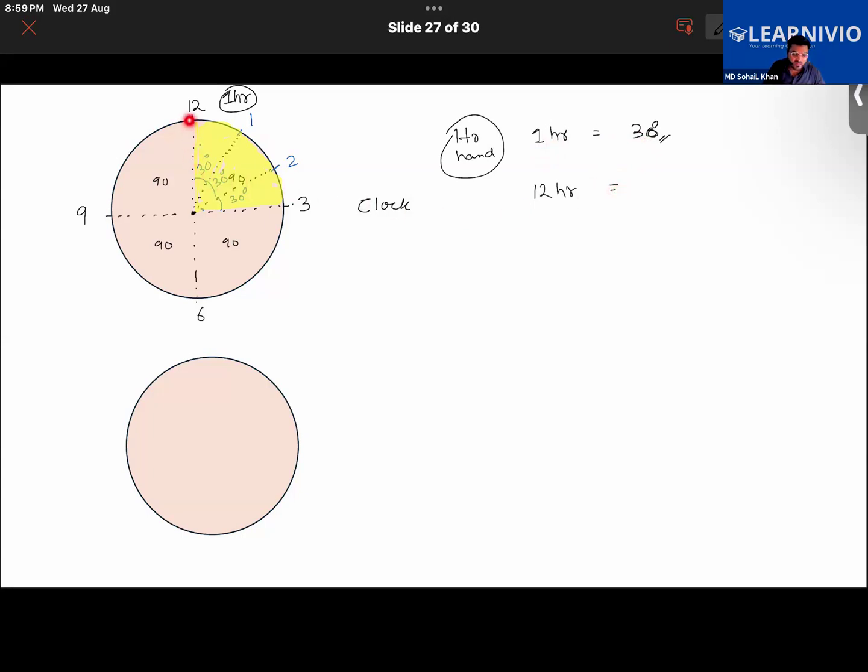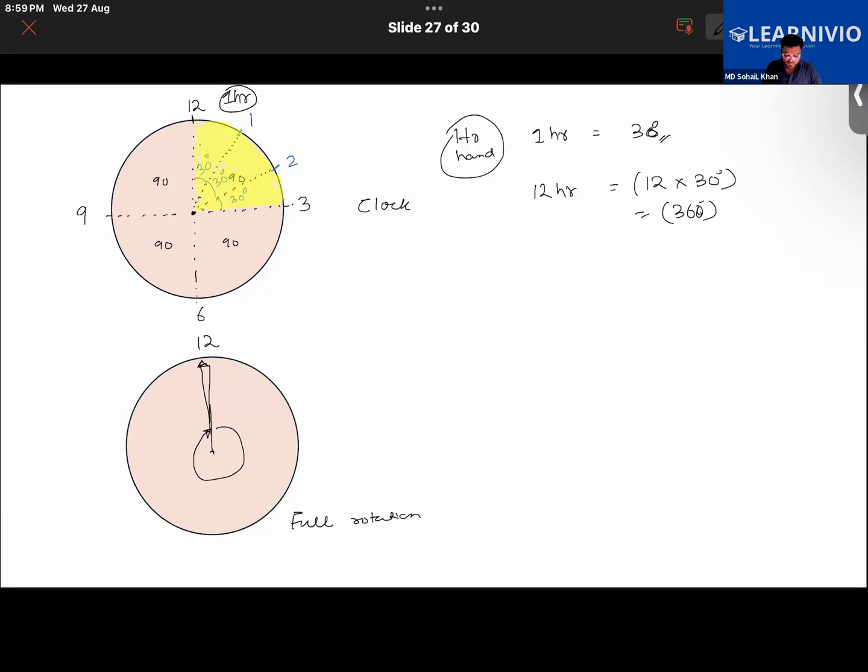Suppose the arm on the clock starts to move from 12 o'clock. It does a full rotation and comes back to 12 o'clock. It did a full 360 degree rotation and came back. By calculation, you will also get 12 into 30 degrees, hence that is 360 degrees.